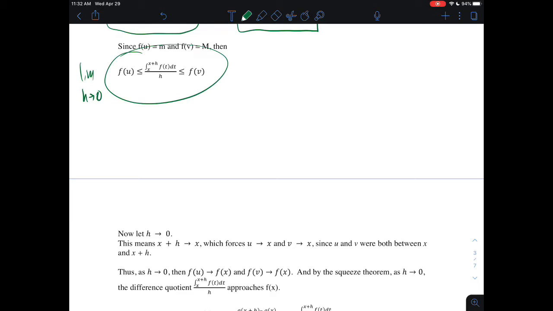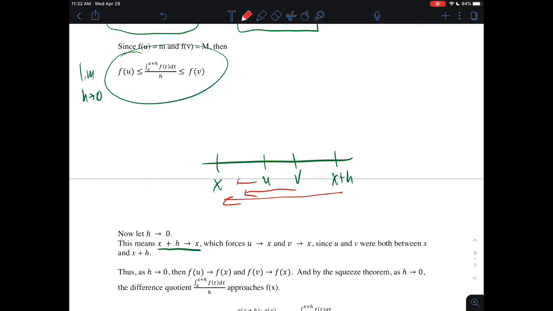So if h is approaching 0, then that means that x plus h approaches just x. Since we had u and v between x and x plus h, if x plus h is heading towards x, what do you think happens to u and v? They also have to approach x. Everybody's getting pushed down to x.